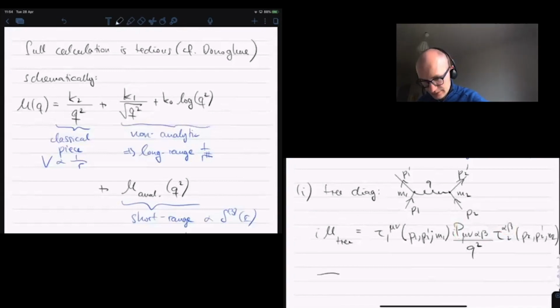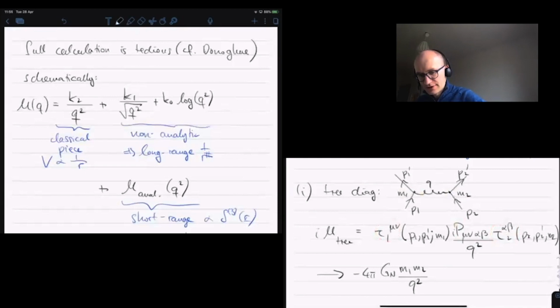There's a factor of minus 4 pi, which we don't really care about, times mass 1 from this one and times mass 2 from that one. Then each of these vertices was a factor of square root of G Newton, so in total we get a factor of G Newton. And what remains is 1 over q squared.